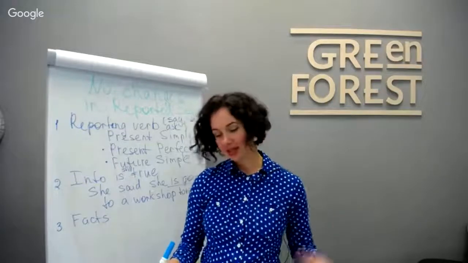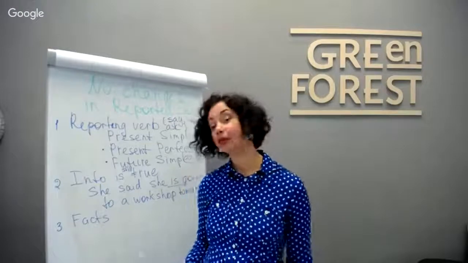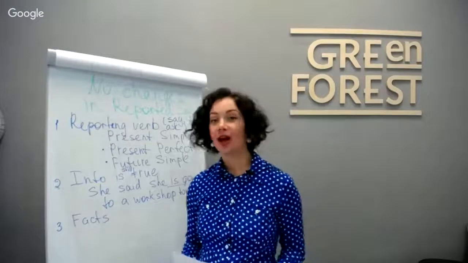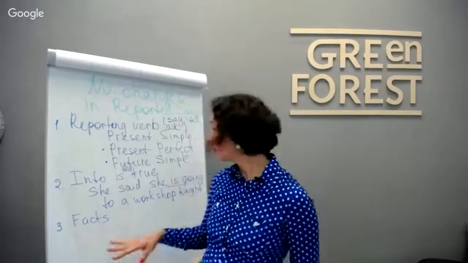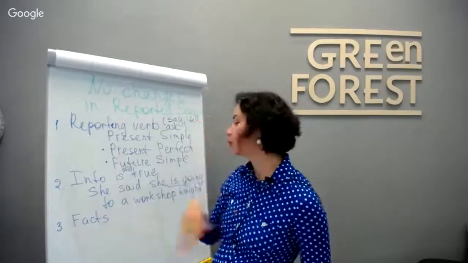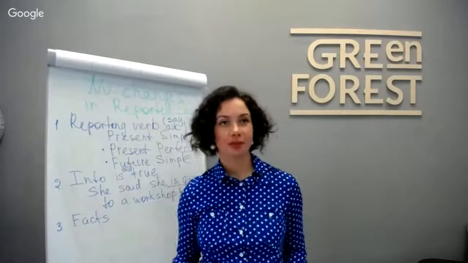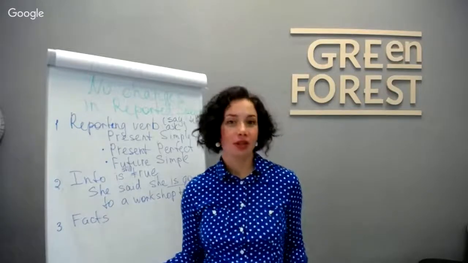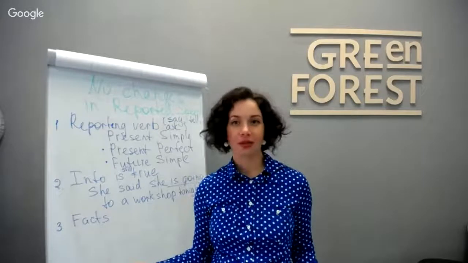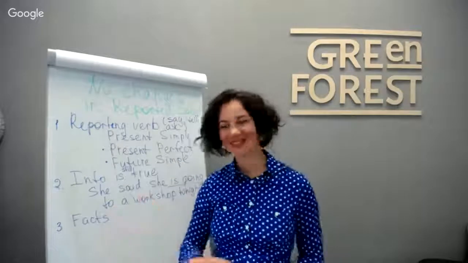And in this case, we don't need to change our reported speech. Very often we can also use this rule for, for example, names. My name is Ina. So she said that her name is Ina. We don't need to change it because it's still true and it's a fact.